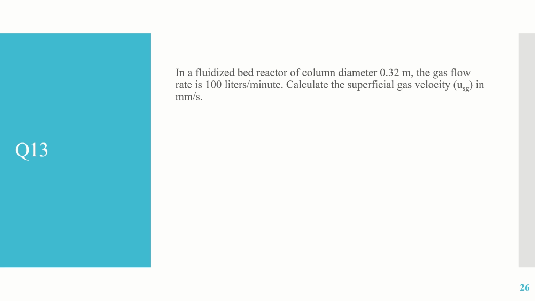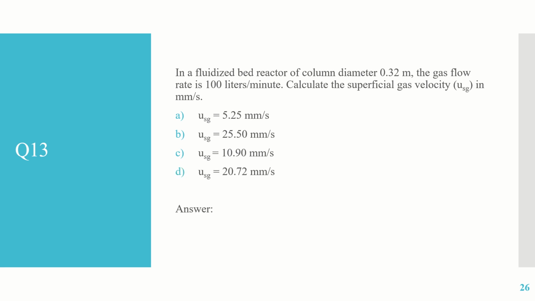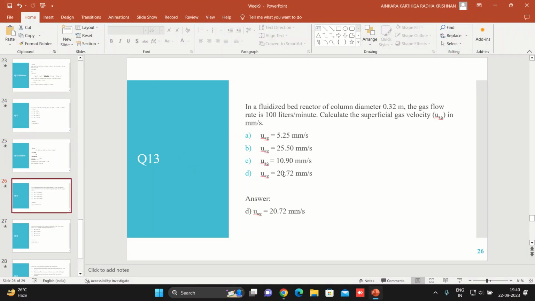Calculate the superficial gas velocity in mm per second. So the options given are 5.25 mm per second, 25.50 mm per second, 10.90 mm per second, or 20.72 mm per second. The answer is 20.72 mm per second.